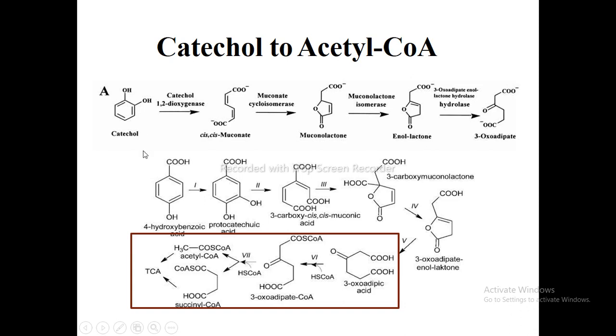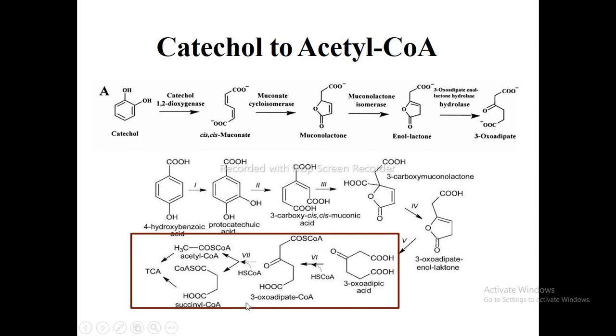Similarly, an isomer of catechol can also be subjected to oxidative degradation, and ultimately again the product will be 3-oxoadipate enol lactone, right? Which ultimately will give the same product, like 3-oxoadipic acid, which is further metabolized with the help of coenzyme A moieties.